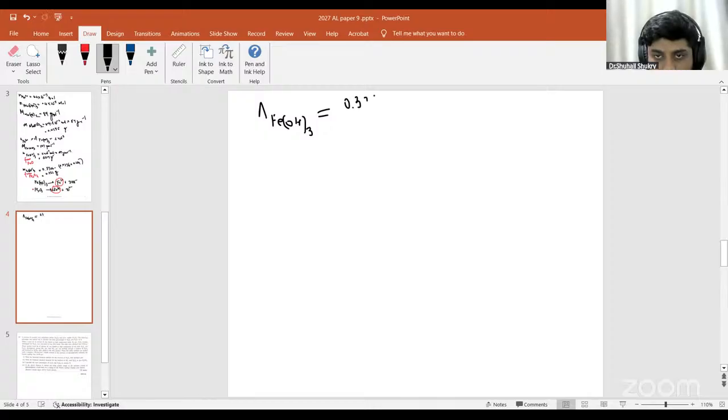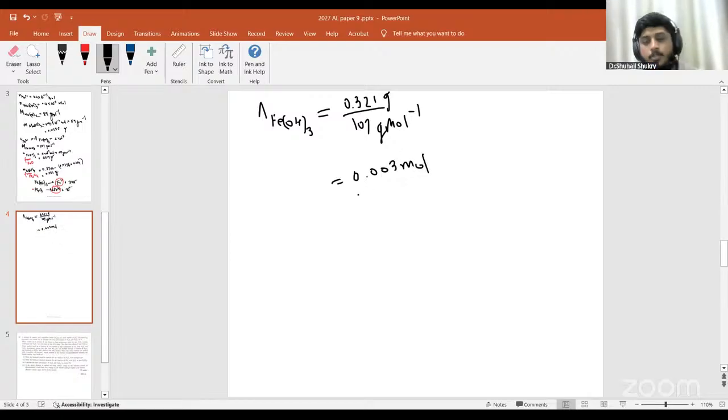So exactly, you get a very easy simplification here. These grams per mole. So you get 0.003 moles. This is the number of moles of Fe(OH)3 from Fe2O3.